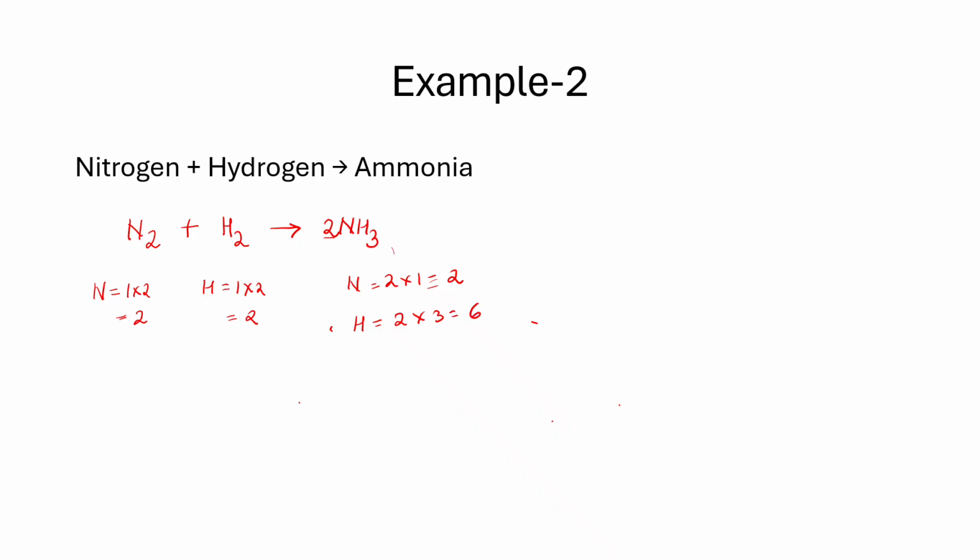Now the number of hydrogens on the reactant side is still 2, but if you put a coefficient 3 here, okay, that fixes the number of hydrogens, so this also becomes 3 times 2, which is 6. So now we have a balanced chemical equation with 2 nitrogens on both sides and 6 hydrogen atoms on both sides.